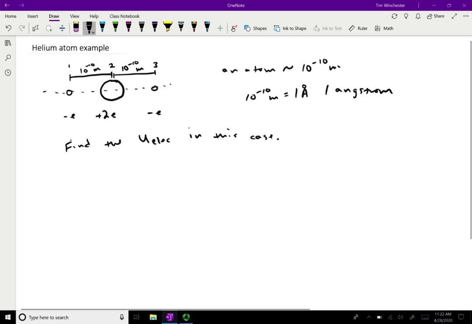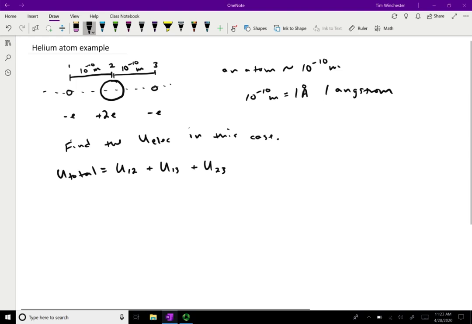All right, so to calculate that, the total electric potential energy is going to be the electric potential energy between each pair of particles. So I have to calculate the energy between 1 and 2, between 1 and 3, and between 2 and 3. If we had more particles, we would have lots and lots of pairs.